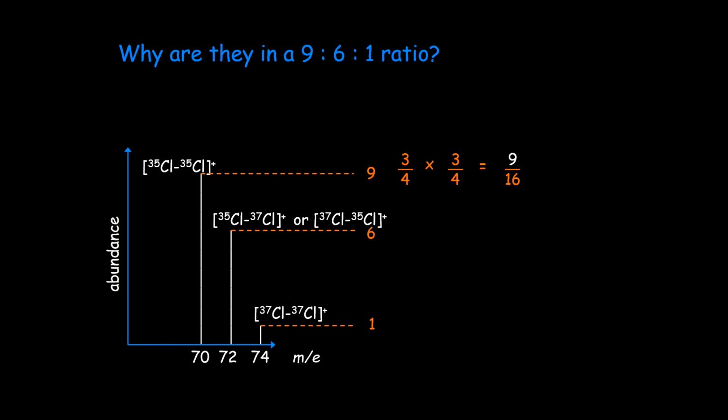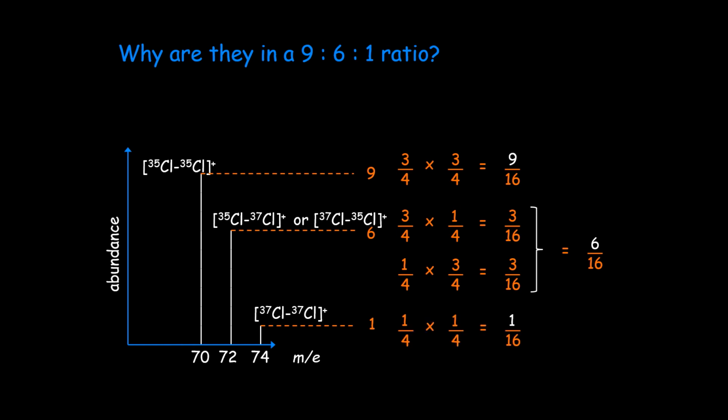For the 35-37, it's going to be 3/4 times 1/4. And for the 37-35, it's going to be 1/4 times 3/4, which makes the total of that 6/16. And for the 37-37, it's 1/4 times 1/4 equals 1/16, making the ratio 9 to 6 to 1.